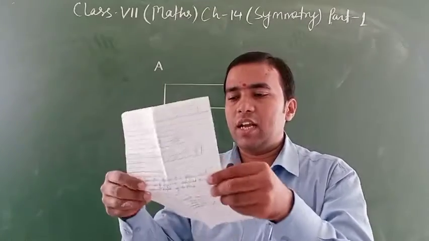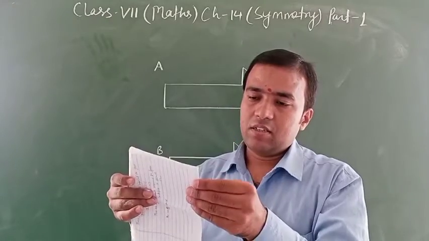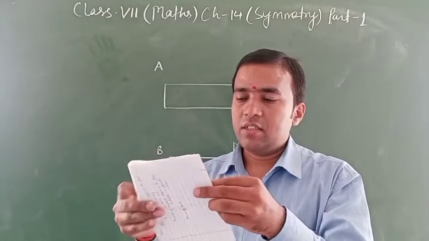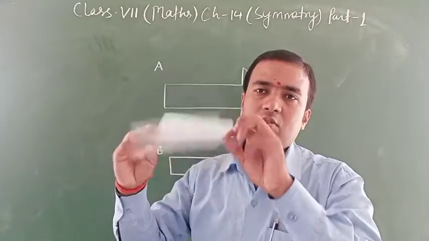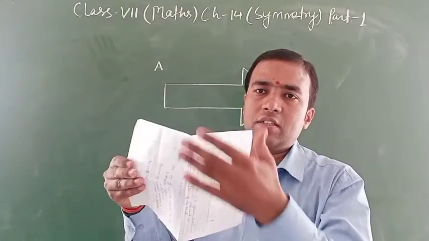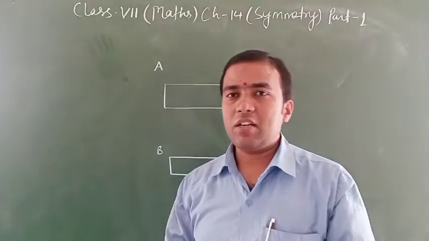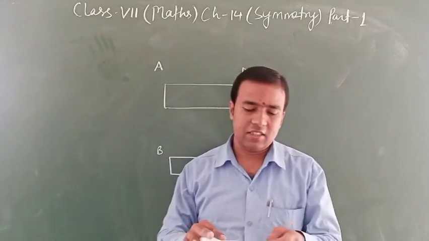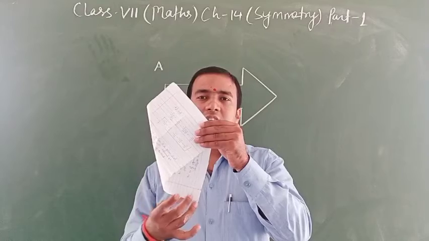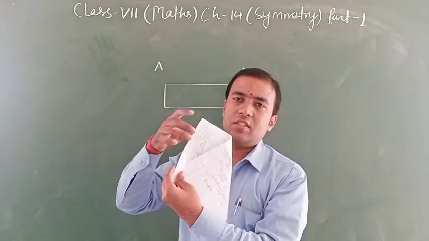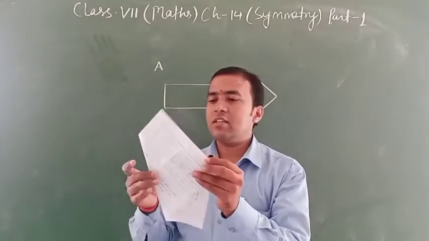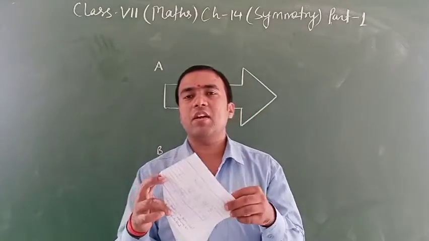If we fold like this, see, it is in equal parts. So here it is a line of symmetry. But if we fold like this, see, here and here it is not in equal parts, so it is not in symmetrical form.